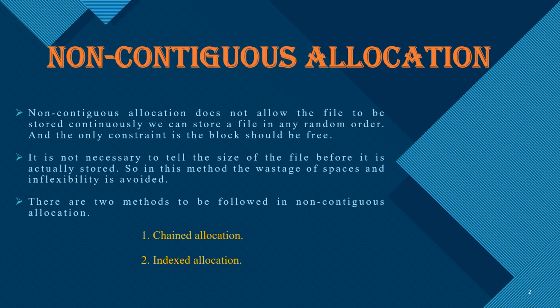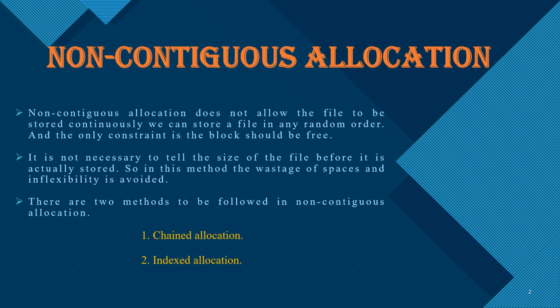In contiguous allocation, the data should be ordered in sequence, but non-contiguous allocation does not require the file to be stored continuously. Here, we can store the file in any random order. The sequential order need not be followed, and the only constraint is that the block should be free. It's not necessary to state the size of the file beforehand, so the wastage of space and the inflexibility are avoided.